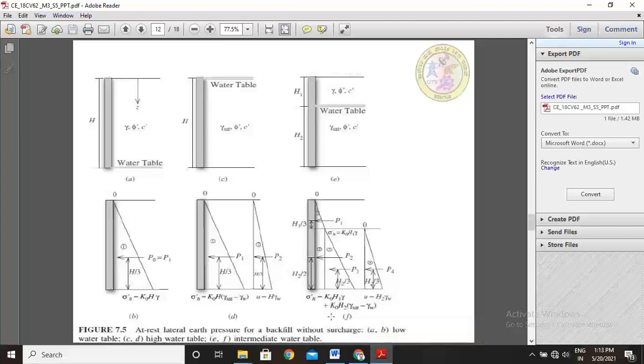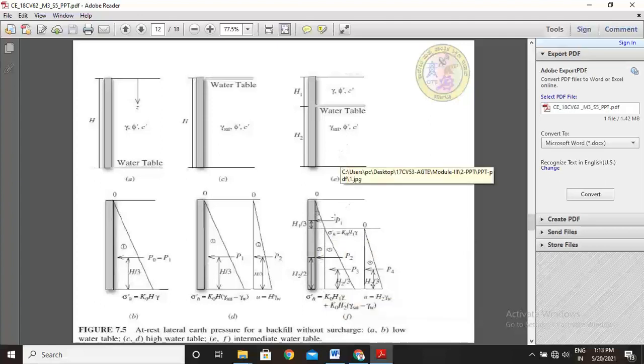One is this pressure distribution diagram. These diagrams you calculate due to backfill; there are three pressures. For this pressure distribution, the horizontal lateral earth pressure sigma dash H equals K naught times H1 into gamma, that is, K naught times height into density. So this portion, and the same is acting here.